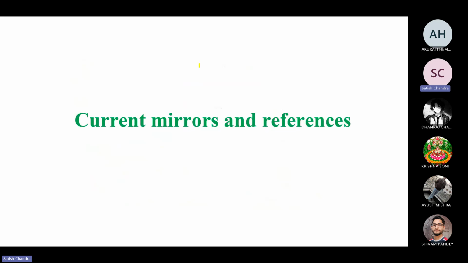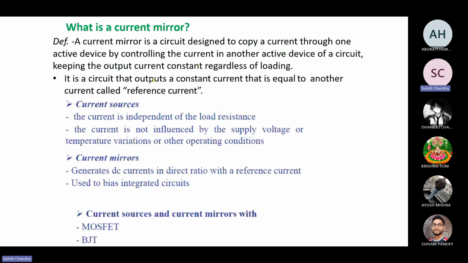A current mirror is a circuit designed to copy the current through one active device by controlling the current in another active device of the circuit, keeping the output current constant regardless of the loading resistance or whatever the load. It isn't affected by any kind of resistance applied at the other end. That is basically called a current mirror.